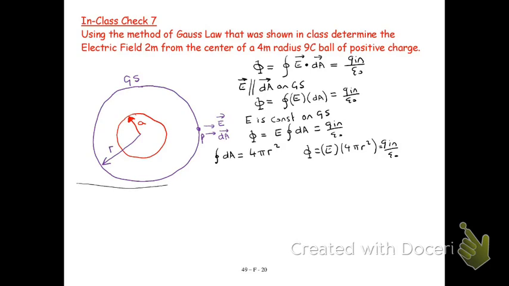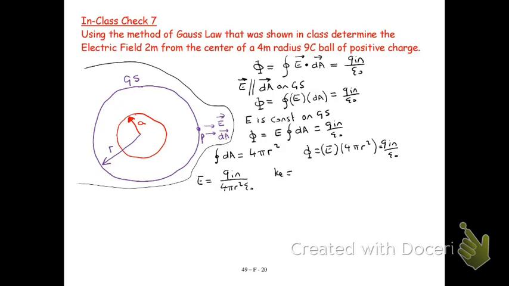So let's just do a bit of bookkeeping here to keep everything nice and neat. Now E is equal to Q inside over 4 pi r squared times epsilon naught. This is just the same old, same old.